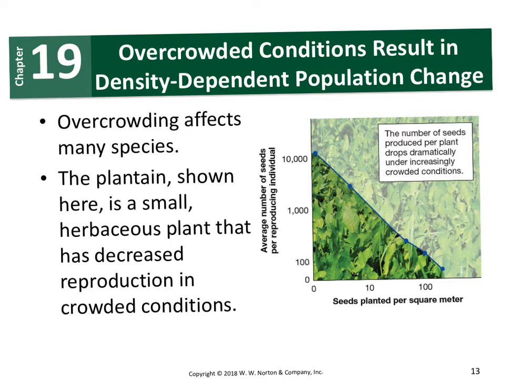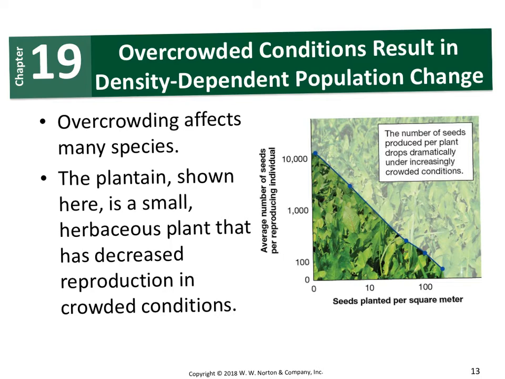When there's only a few seeds, each individual plant can produce many seeds, kind of unconstrained growth per square meter. And then as the density gets to a certain point, the number of seeds that a plant can produce is limited by the resources that are available.